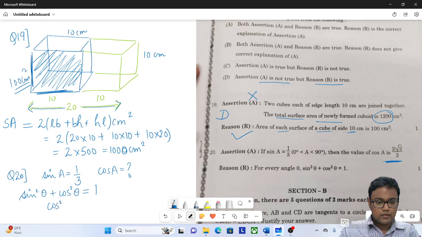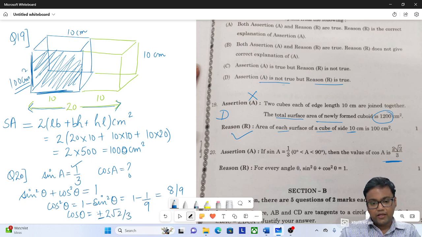So, we know that the reason is the correct explanation for the assertion if the assertion is right. So, let us check whether we are getting cos A as 2 root 2 by 3 or not. So, cos square theta is 1 minus sin square theta, that is 1 minus 1 by 9, इसका square कर दिया जाएगा तो ये हो जाएगा 8 by 9 and cos theta is equal to plus minus 2 root 2 by 3. But we have to discard the negative value of cosine, because we are considering only the first quadrant here, right?